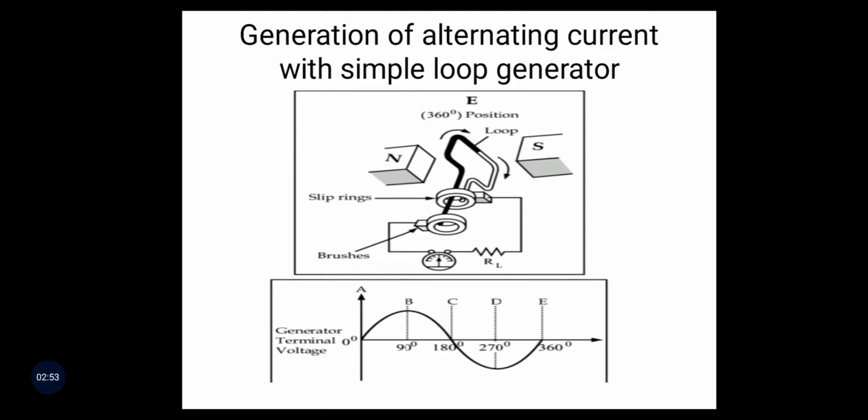That means one positive half cycle and one negative half cycle are completed, so one cycle is completed. For one complete rotation, one cycle is generated.